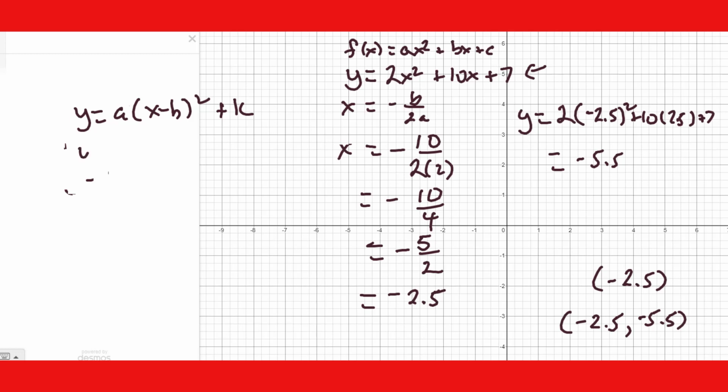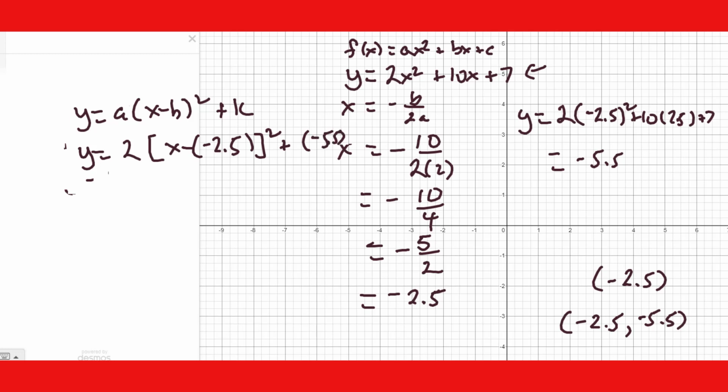So we have y equals 2 times x minus negative 2.5, which is our x value, quantity squared, plus negative 5.5.